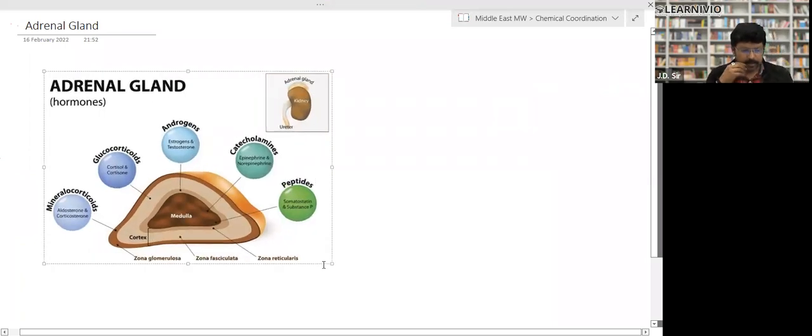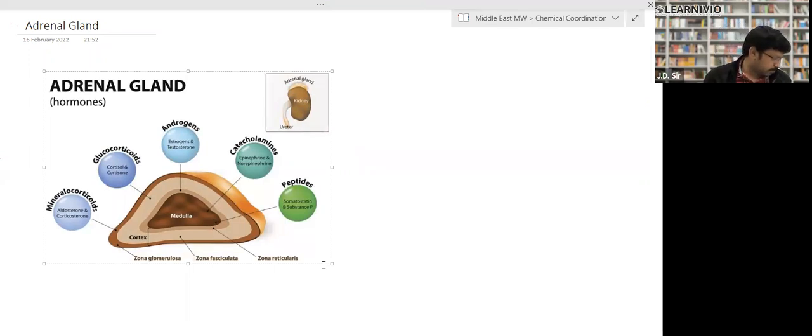The adrenal gland secretes the hormone known as adrenaline. It is secreted by three layers, so the adrenal gland has three layers.